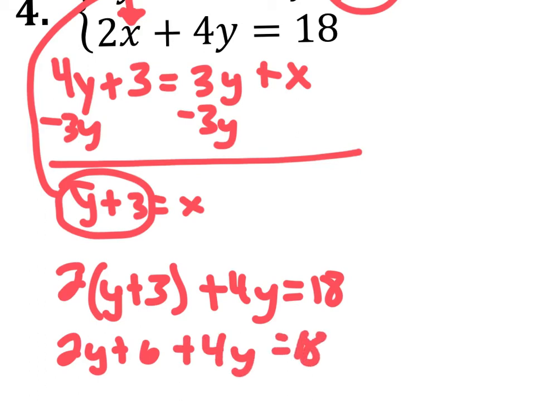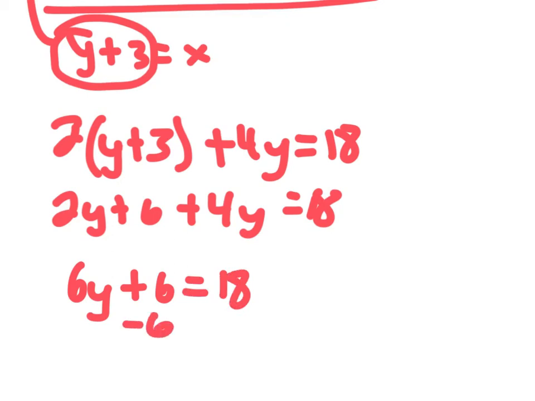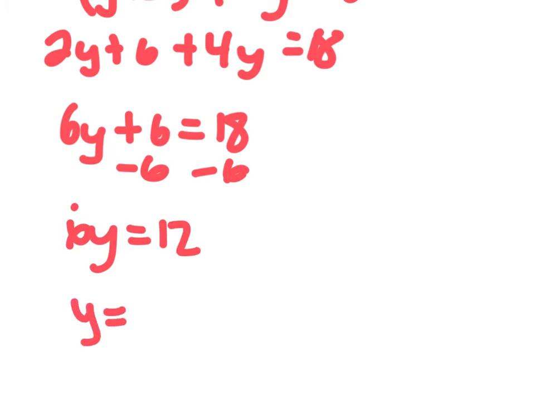Now this is the part where you guys got to be careful. The 2y and the 4y are on the same side, so you're going to want to combine and add them together. So we'll have 6y plus 6 is equal to 18. Now subtract 6 from both sides. You get 6y is equal to 12. Divide by 6, y is equal to 2.